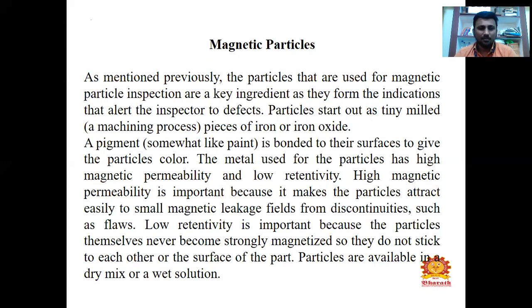High magnetic permeability is important because it makes the particles attract easily to small magnetic leakage fields from discontinuities, such as flaws. Low retentivity is important because the particles themselves never become strongly magnetized, so they do not stick to each other or to the surface of the part.